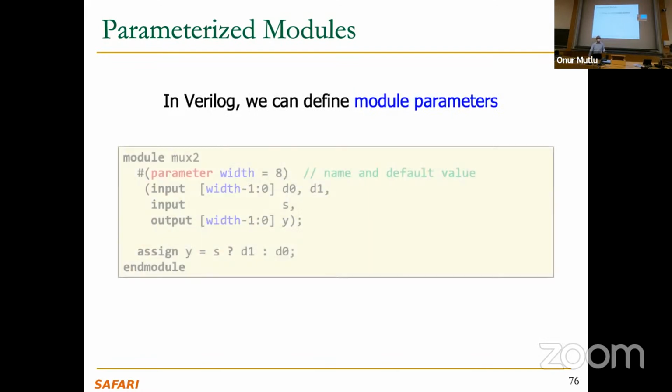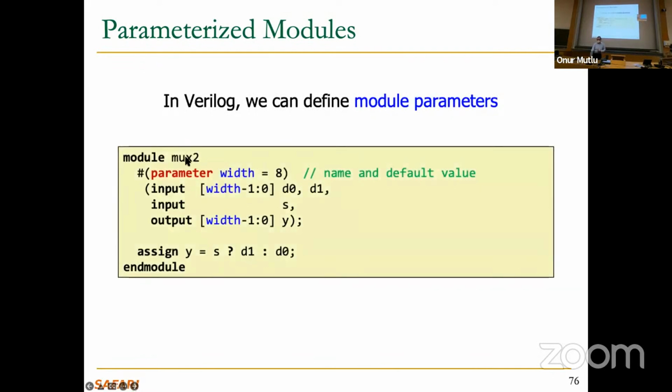You can define module parameters, as you can see. For example, this mux2 is a 2-input mux, and the inputs can be of width, and the default value is 8. But by changing that default value when you instantiate this mux, you can instantiate any n-bit 2-input mux. Makes sense, hopefully, right?